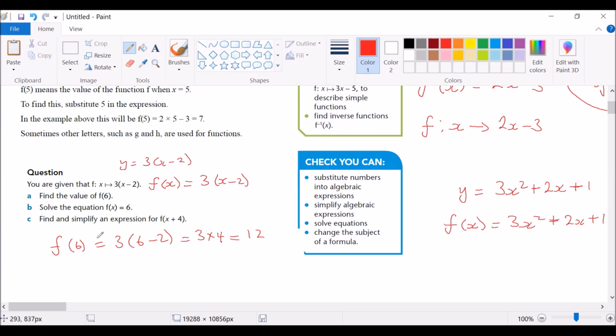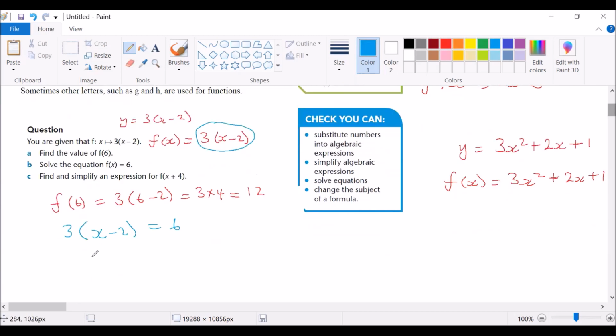Solve the equation f of x is equal to 6. So our f of x is this, and f of x is equal to 6. So we can say 3 bracket x minus 2 is equal to 6. So we solve this equation.